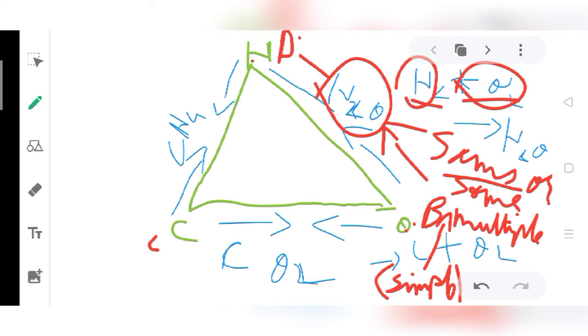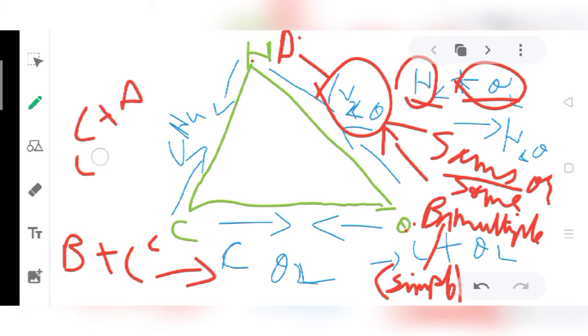Same if we take the example here that element B and C combine to form CO2, and same here as the element C and A combine and form the CH4 molecule, that is methane gas.